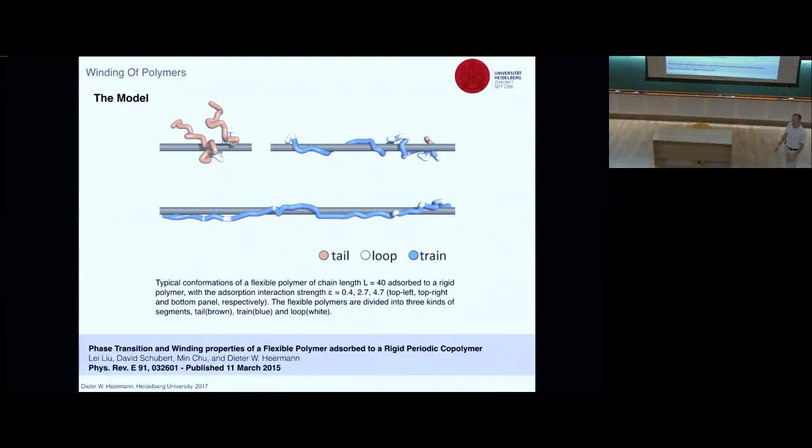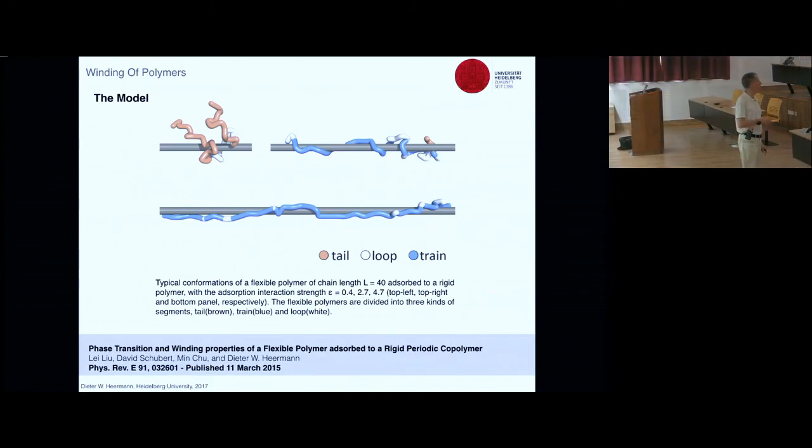You have to have a huge binding affinity in order to counter all the entropic effects that take place, right? And you don't really want this to bind that strongly to the DNA, because you wouldn't be able to rip it off again, right? So you need a binding affinity which just makes it tick, which makes it attached to the DNA. And then that's it. And of course, you always get these loops, you always get these trains, and you always get these dangling ends, these tails.